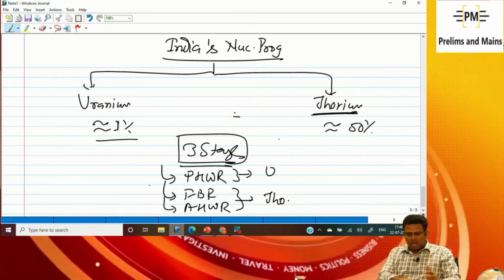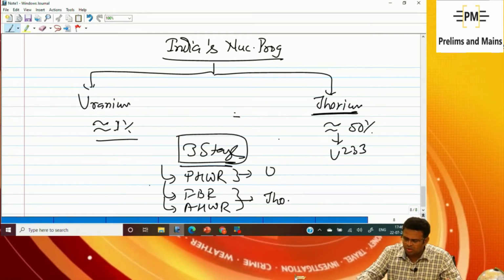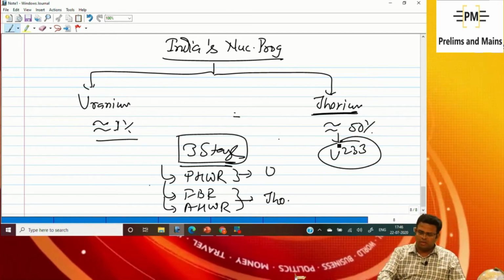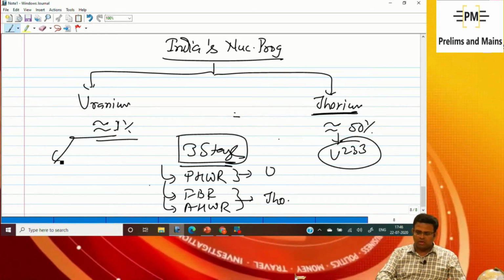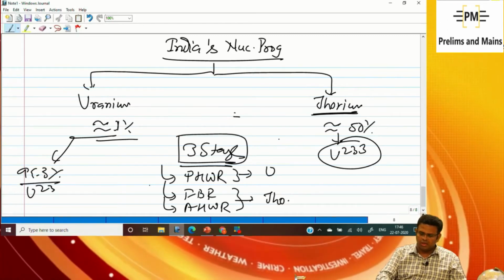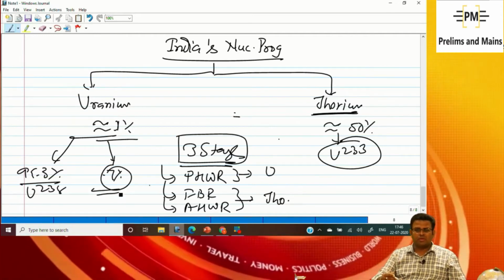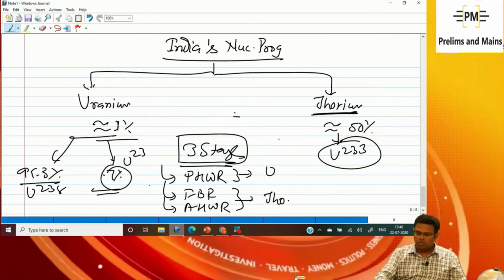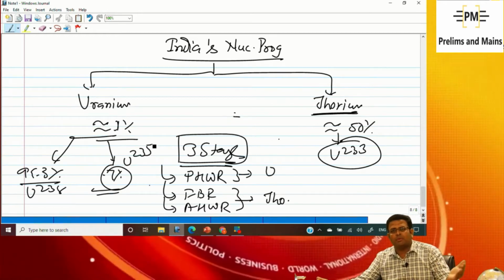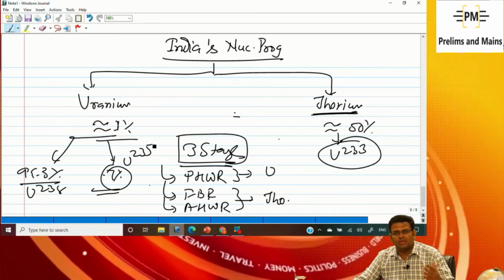When thorium is converted into uranium 233, I can utilize everything in the form of energy. But if I extract uranium, 99.3% is uranium 238 and 0.7% is uranium 235. If I only convert thorium into uranium 233, I can utilize 100%.